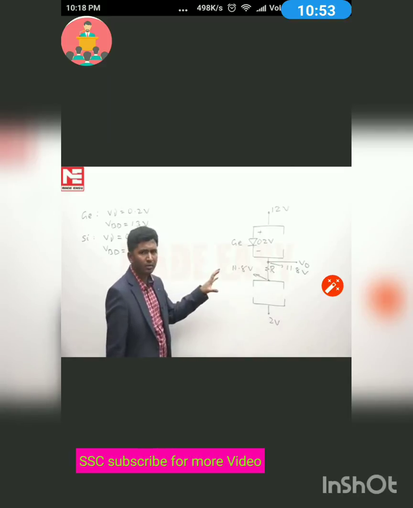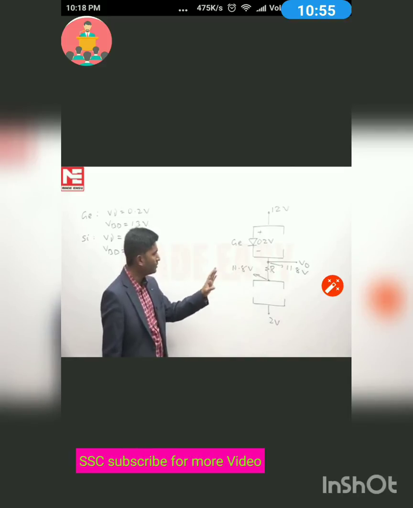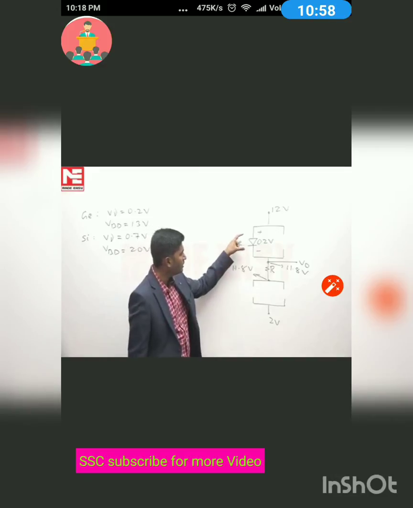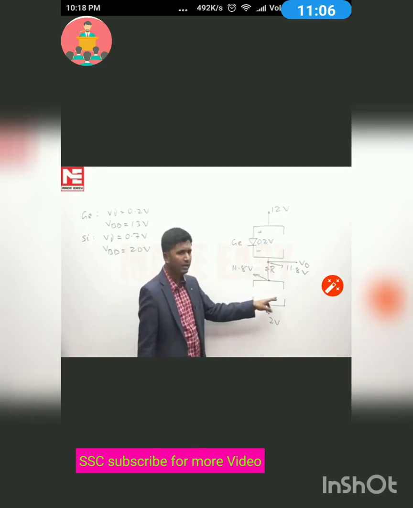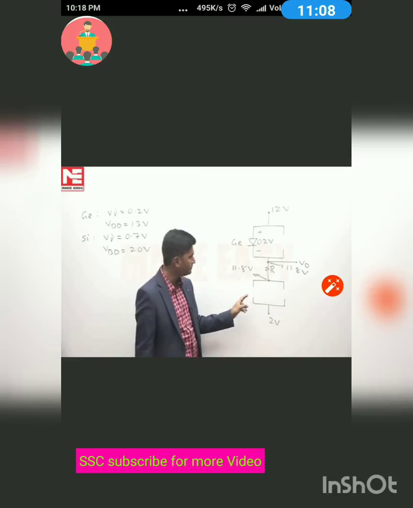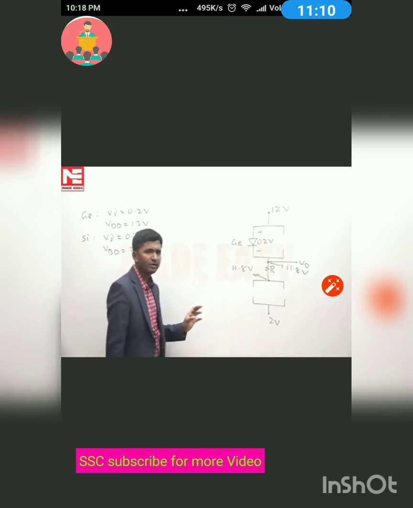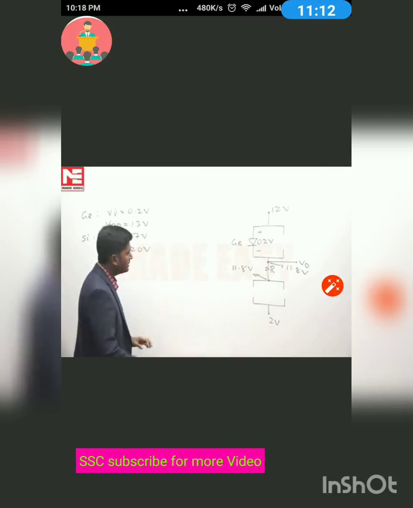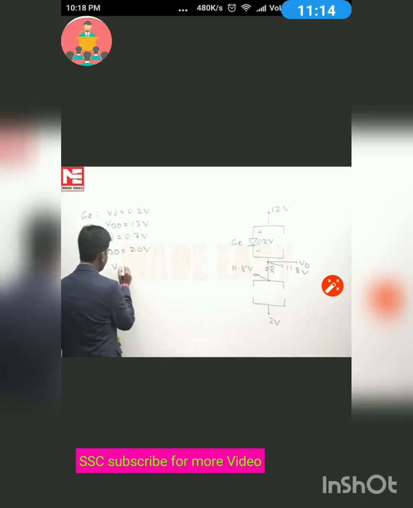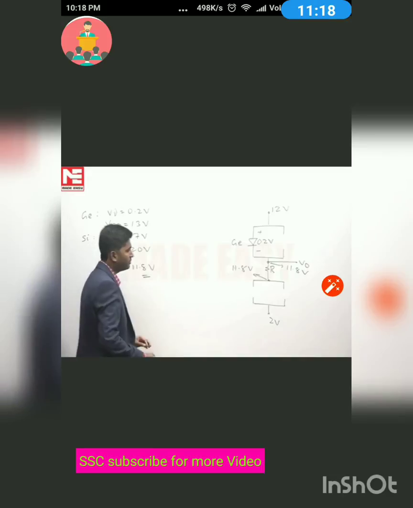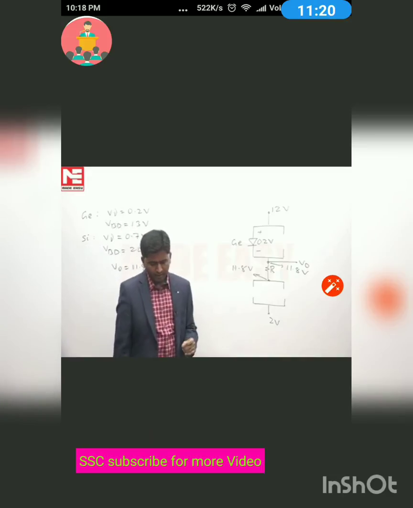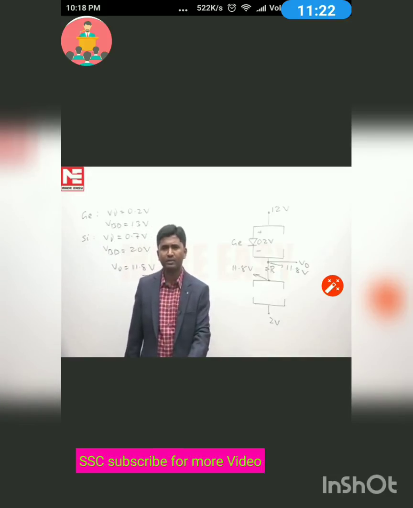The conclusion is that out of all the diodes, only this germanium diode is in forward bias. It will conduct, with a drop of 0.2 volt. This silicon diode is off, and these two diodes are also in reverse bias and off. Therefore, for this question the output voltage is equal to 11.8 volt, and if you look at the options, you will find it as option B. The correct answer for this question is B.